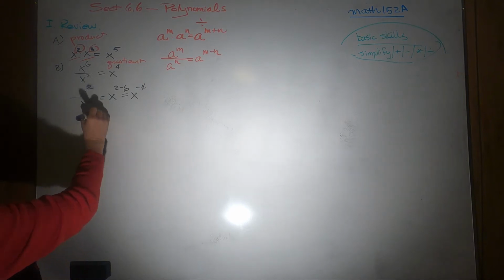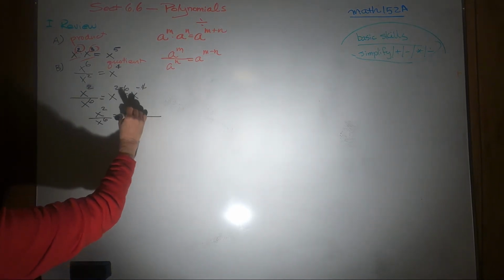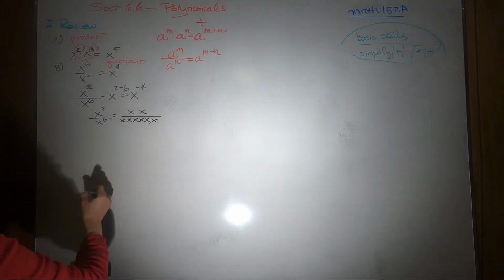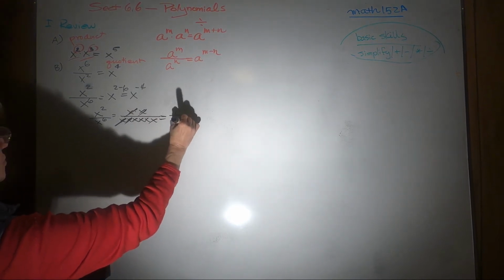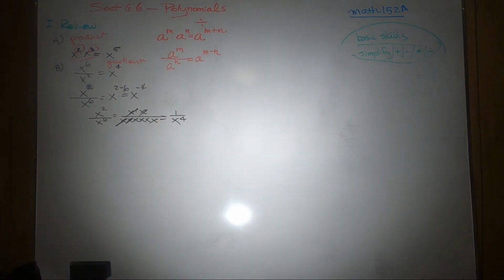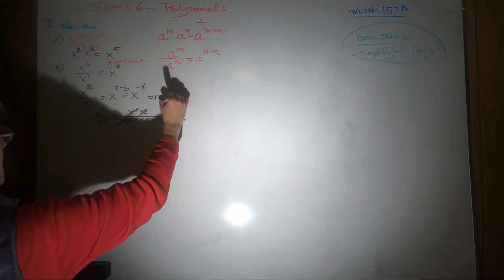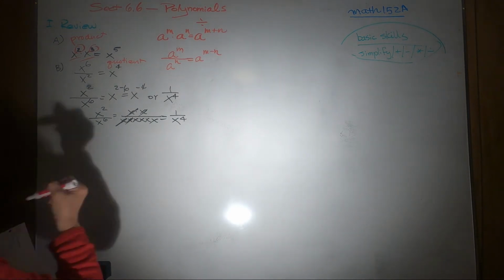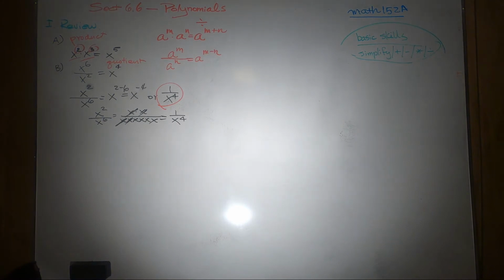However, if we do what? Just canceling 2 of them, then how many do we have? 1 over x to the fourth, right? Then we say you can use either way, but for now, we just use positive exponents, okay?